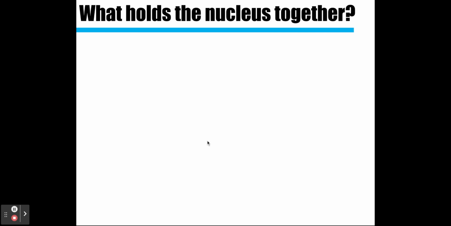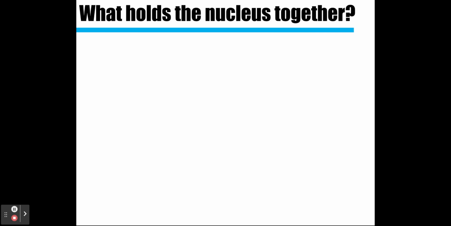All right, so what's holding the nucleus together, right? So you might have been thinking about this. If we know that there are protons in the nucleus and the neutrons are neutral, so there's no charge there, and the protons are positive, well, don't positive charges repel each other? That's what we're taught all the time, right?